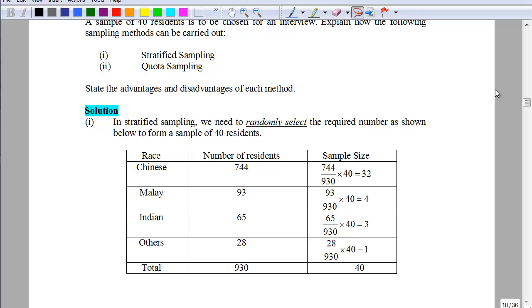So according to the proportion of each category of race, we need to get a proportionate number out of the 40 residents that we need to choose from, and that is obtained by getting the proportion of, let's say for the Chinese, 744 divided by the total number of residents, which is 930, and then times the number of residents that you want to select in your sample, and that gives us 32. You can get the rest of the proportions for the other races in a similar manner.